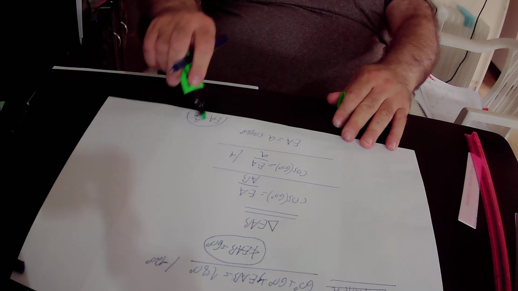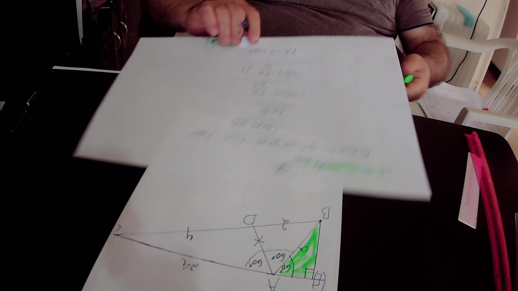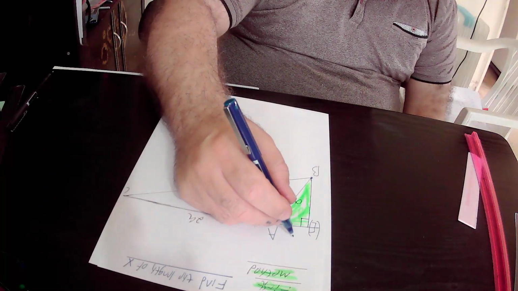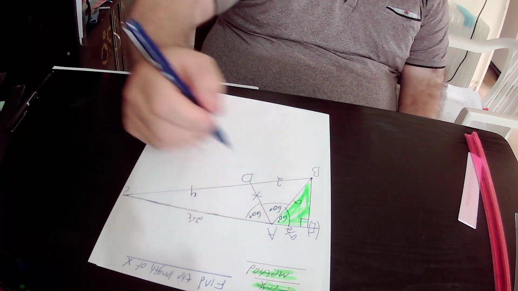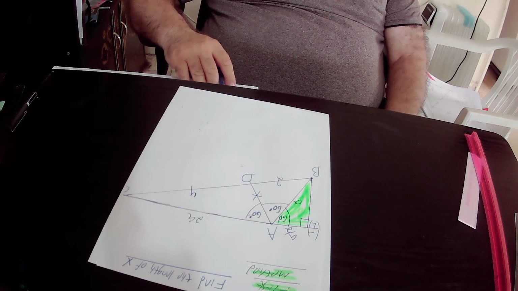So we can write here that EA equals A over 2. We'll continue to focus on the right green triangle, triangle EAB.